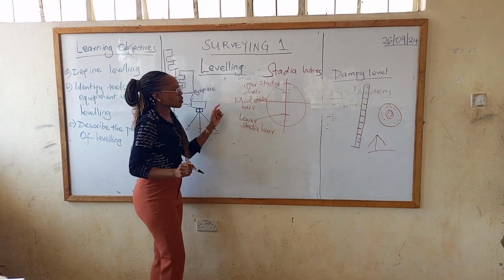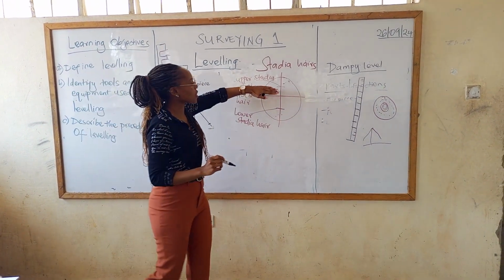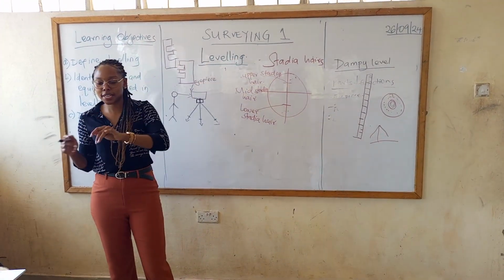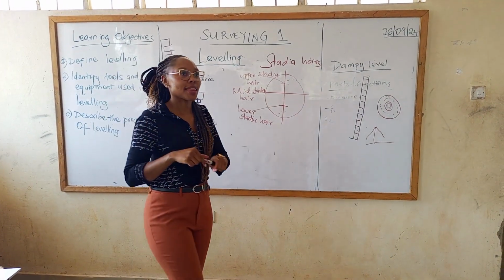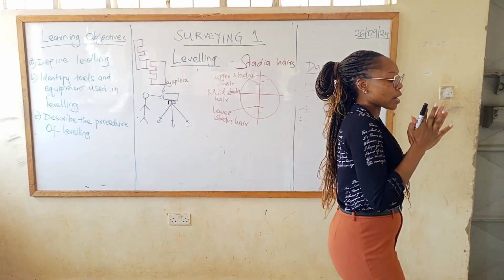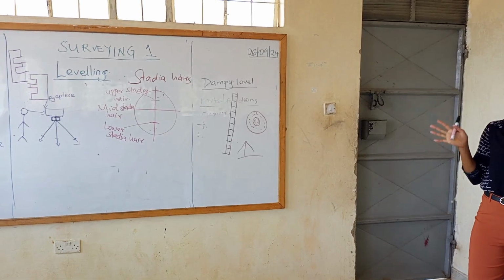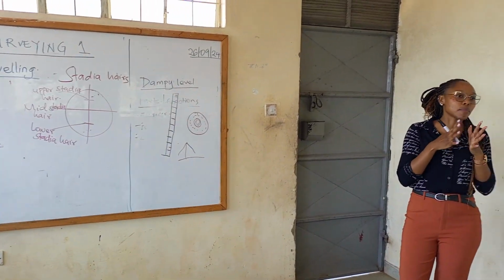There are three. So when you eliminate the parallax, you want to ensure that you can see all the stadia hairs. If we don't see all the three stadia hairs, it would mean that when we start reading from the leveling staff, we will get them wrong.